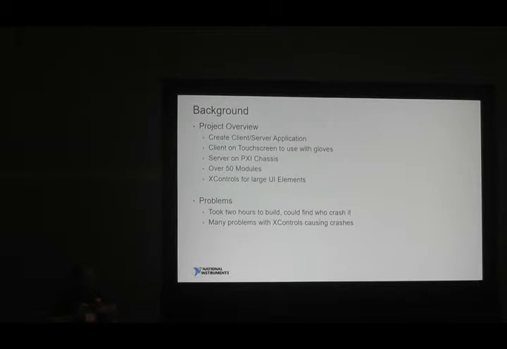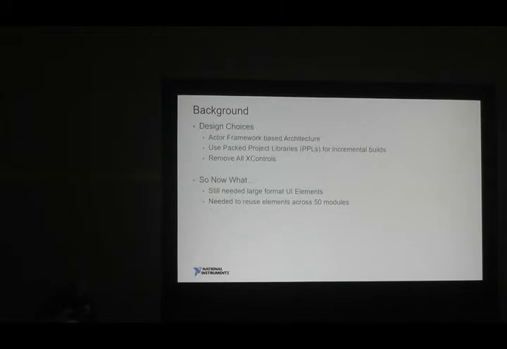Then came the dilemma. It took almost 2 hours to build, even if it had completed building. When it wouldn't build, it was hard to know what module was the culprit. The decision was made. The only path to success was to split the program into incremental builds with PPLs. The team was already having problems with touchscreen UI elements created with X controls.